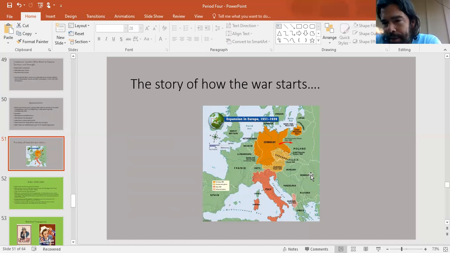So let's do this. I will sign an agreement saying I will not fight you for 10 years if you will promise not to attack me for 10 years. And we'll go halvesies on Poland.